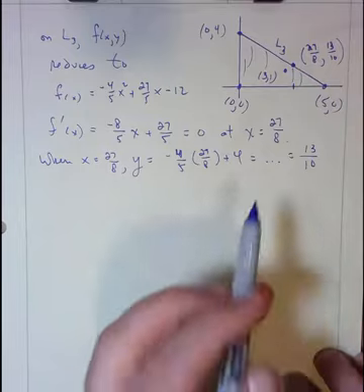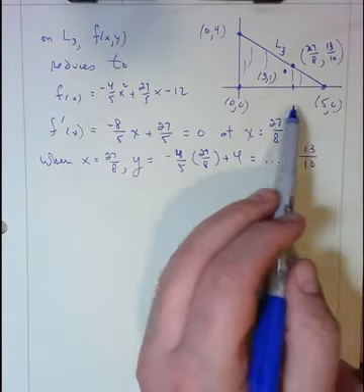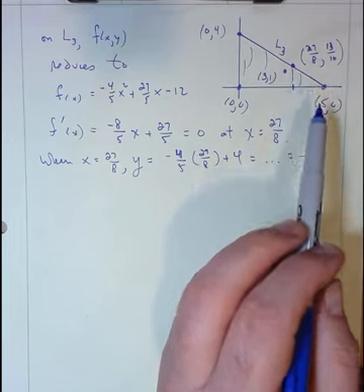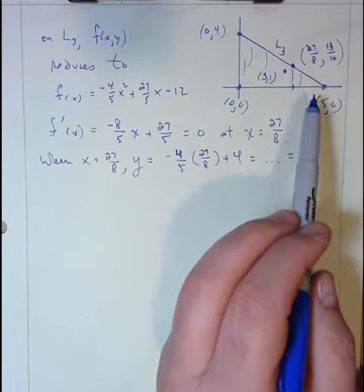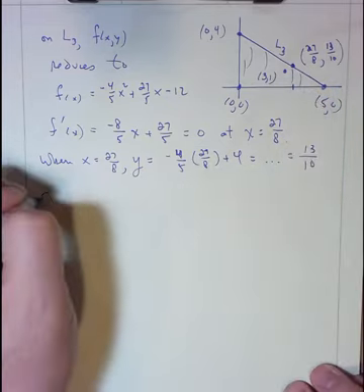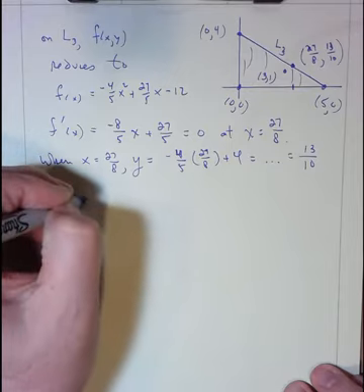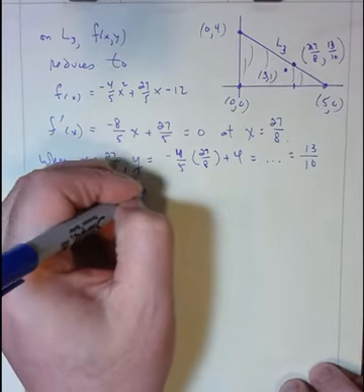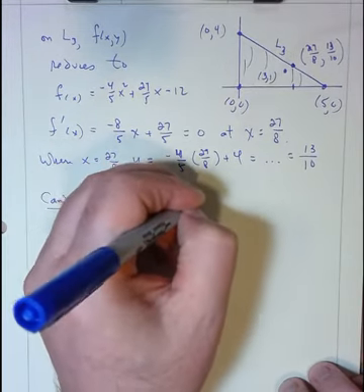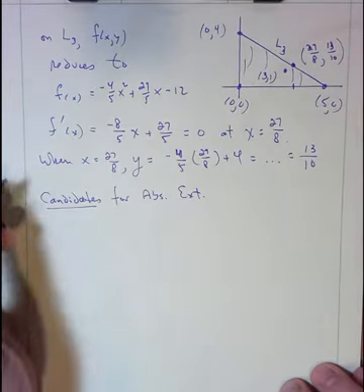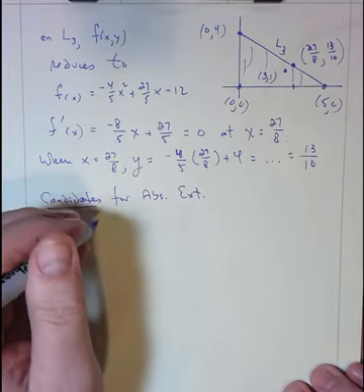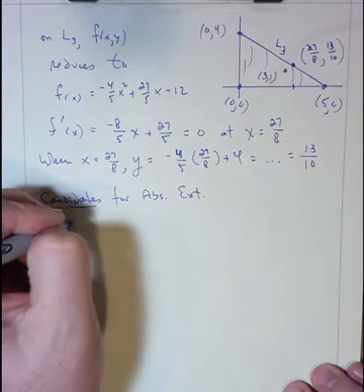But what we've done here is we've now categorized all the different places where our function could possibly have an absolute extreme over this region. So, candidates for absolute extremes. Well, the function itself had a genuine multivariable critical point. That was the point 3,1.